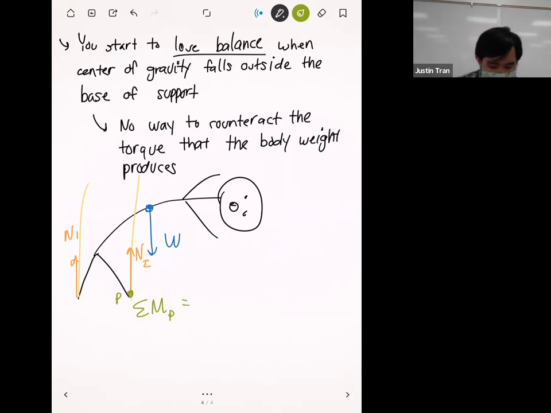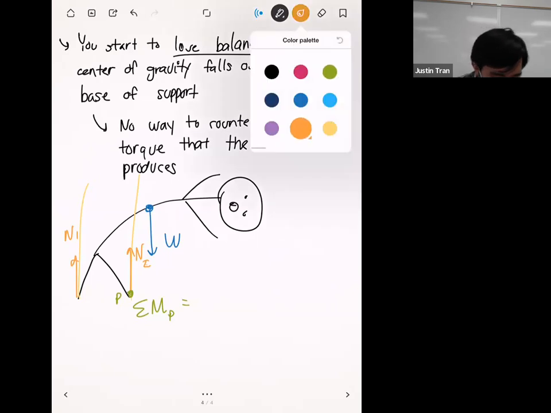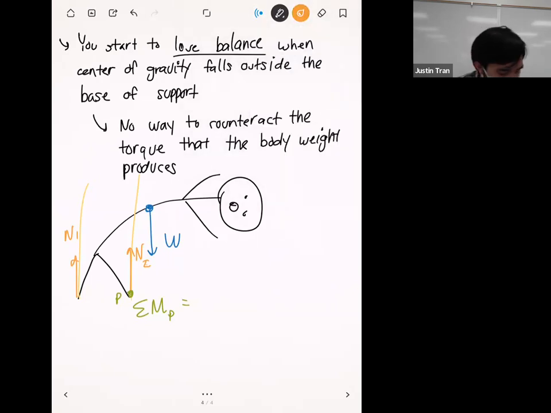So let's look at the two contributions to this moment and see what directions they're in. First of all, let's look at N2. Because N2 is acting right at the pivot, it's not going to contribute to the moment at all. Now let's look at the contribution from N1.